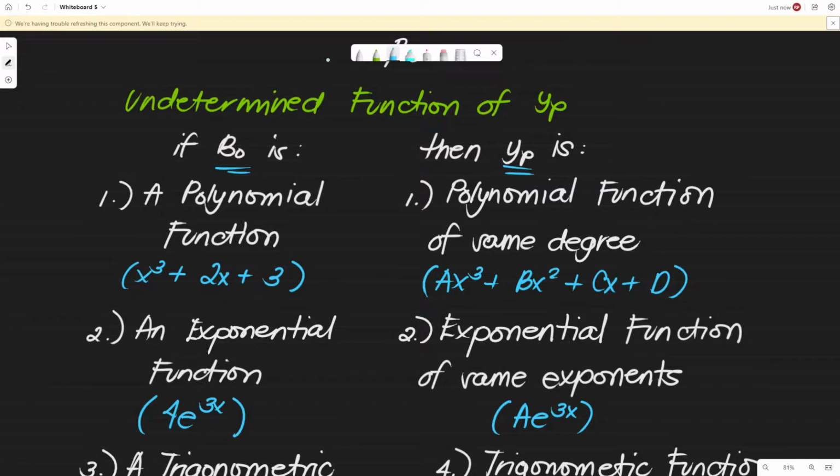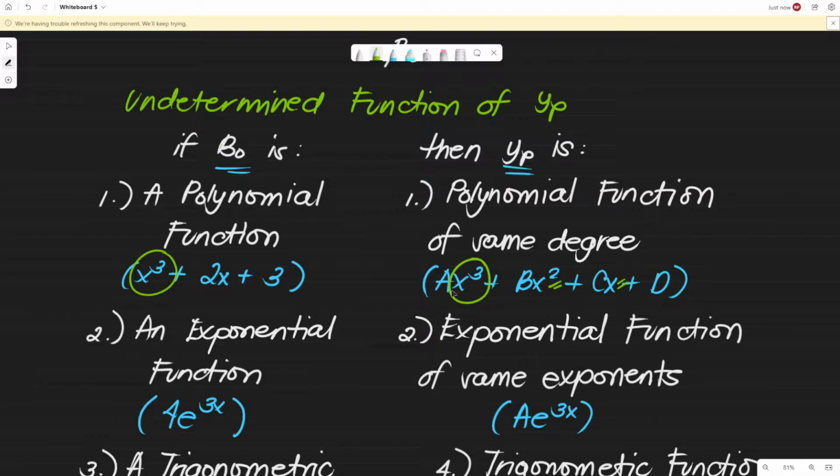Kung ano yung highest exponent sa b sub 0, yun din yung makikita mong highest exponent sa yp mo. In our example, we have x cubed, so dapat x cubed yung pinakamataas mo. Then pababa ng pababa yung exponents: x squared, then x, then x raised to 0 or 1. Pag nag-1 na, tigil ka na.